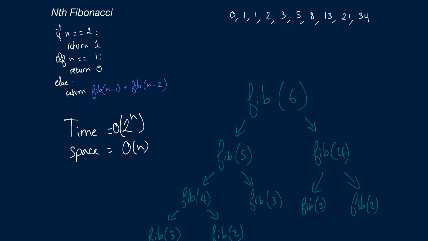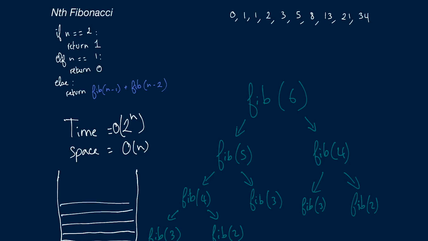But you have to remember, this is a recursive function, right? So we're going to be using the function call stack a lot, and it's going to be using up memory. So let's try to draw out the call stack here as a bucket, and we have a bunch of frames on the call stack, right?